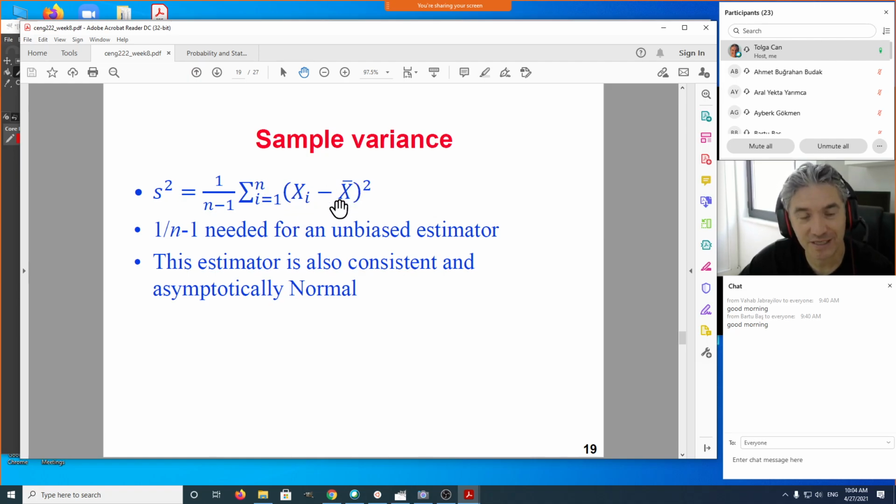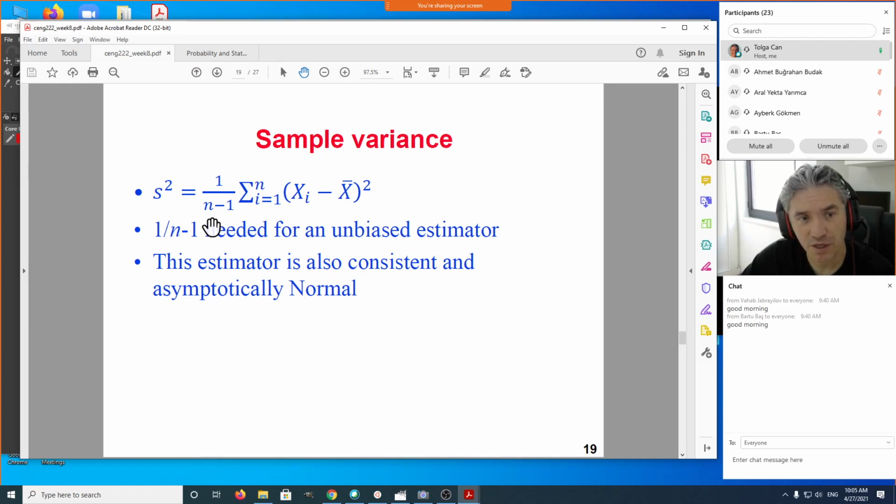But we don't know the population mean. Therefore, when we're estimating sample variance, we use another estimator, the sample mean. This actually introduces some kind of bias.